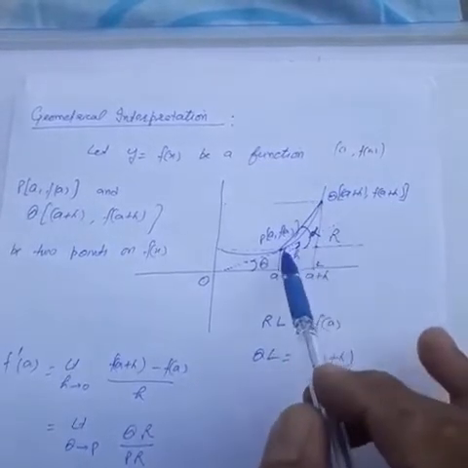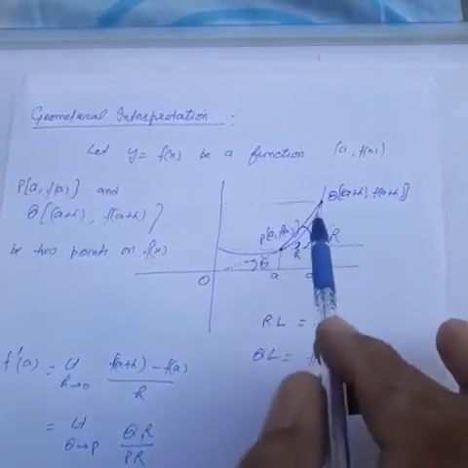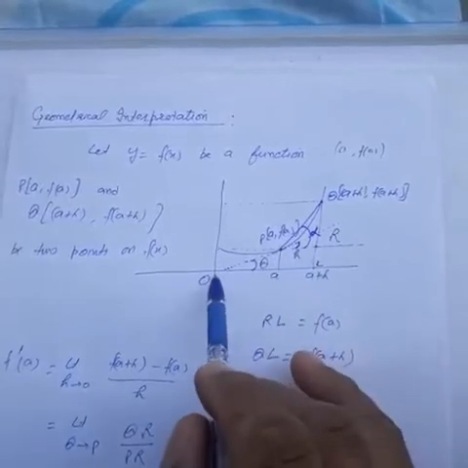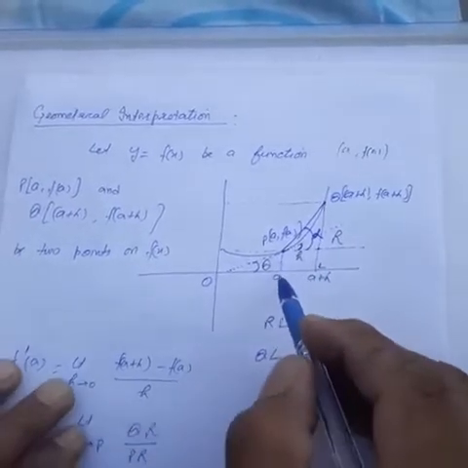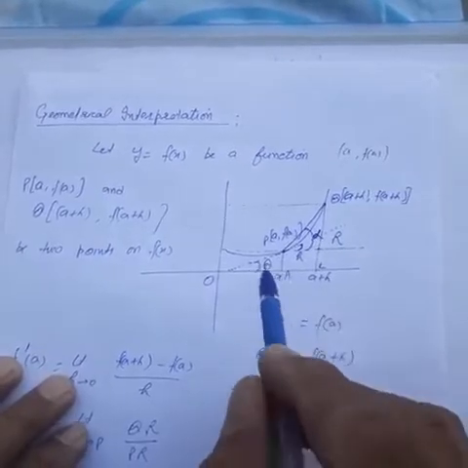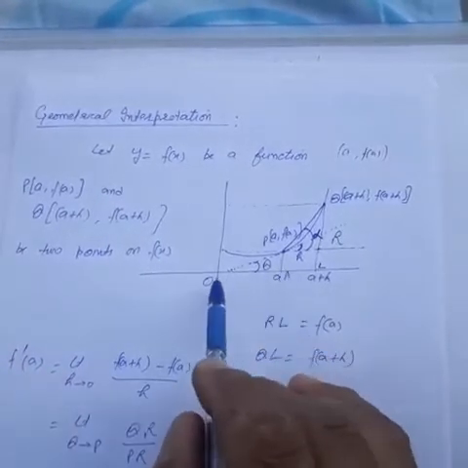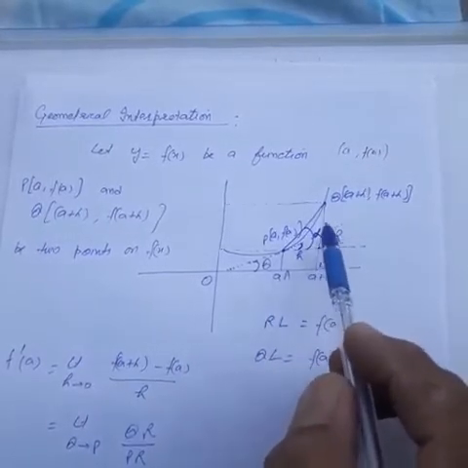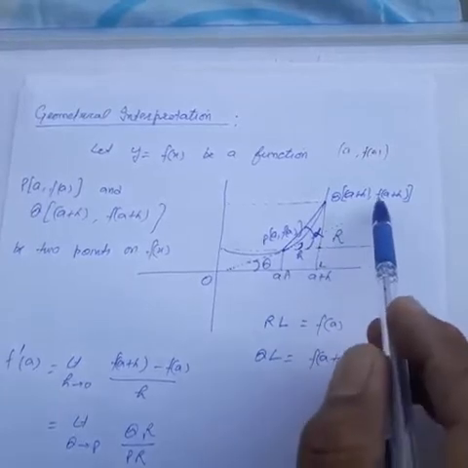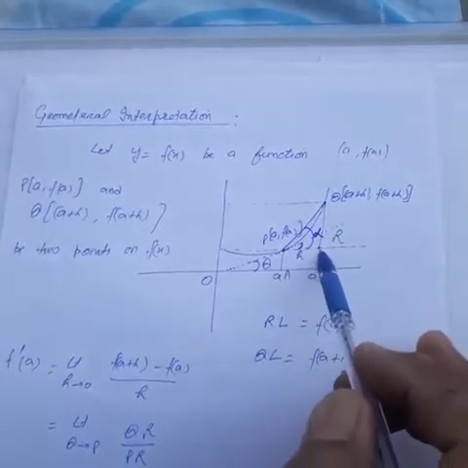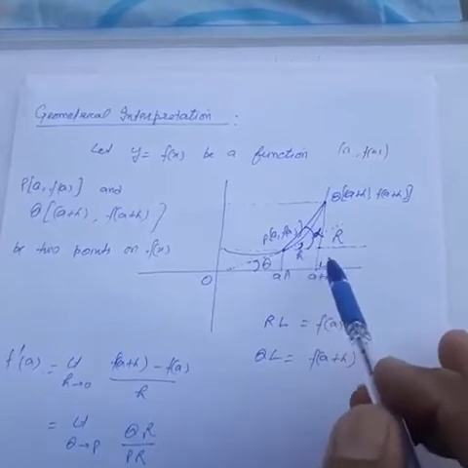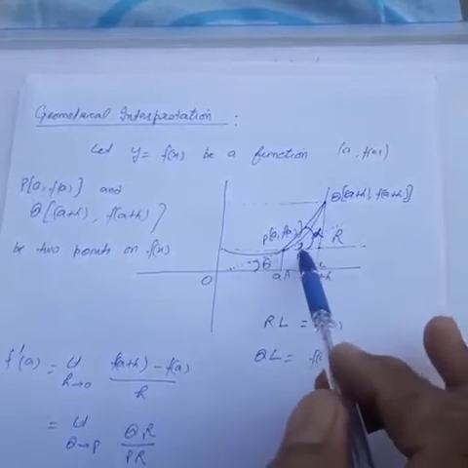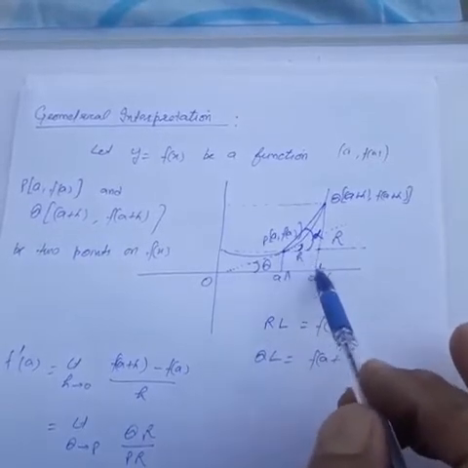If you join PQ and from P and Q draw perpendiculars, then to understand the distances: let this point be A, so OA is distance a, and OL is distance a plus h. Similarly QL is distance f of a plus h, and RL is distance f of a. So this distance is equal to this one.